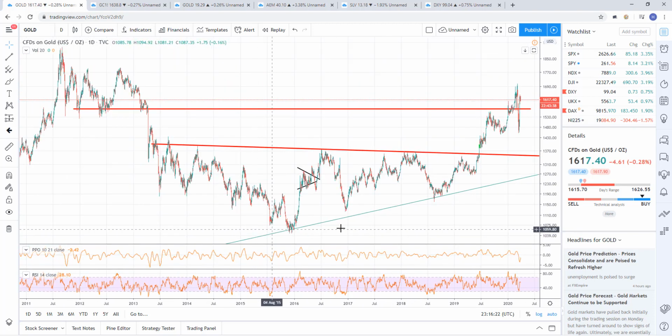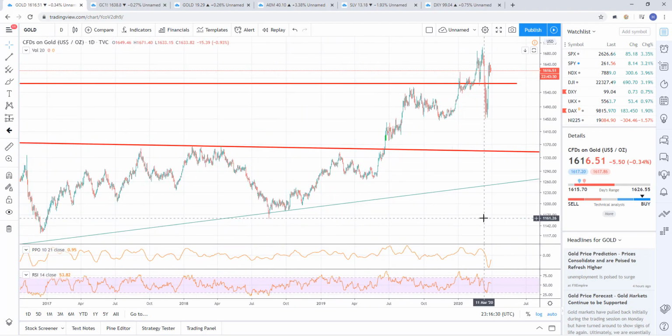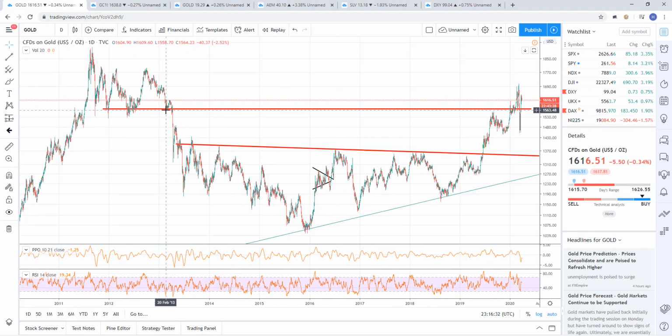So as I roll out, you can see we're in an uptrend. We've got higher lows, higher lows, higher lows, higher lows, and higher highs. We've got this level here on the daily and the weekly, 1570. That is near-term support, and above that we've got 1790 or 1800, and then above that we've got the all-time highs of about 1900.